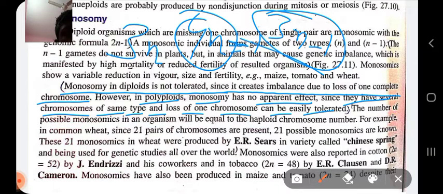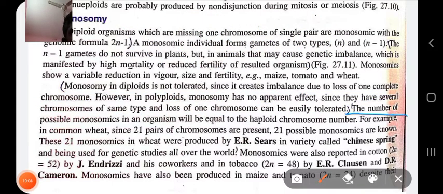It is saying that the number of possible monosomics in an organism will be equal to the haploid chromosome number. What is the possible number of monosomies that can occur in an organism? That is equal to the haploid chromosome number of that particular organism.